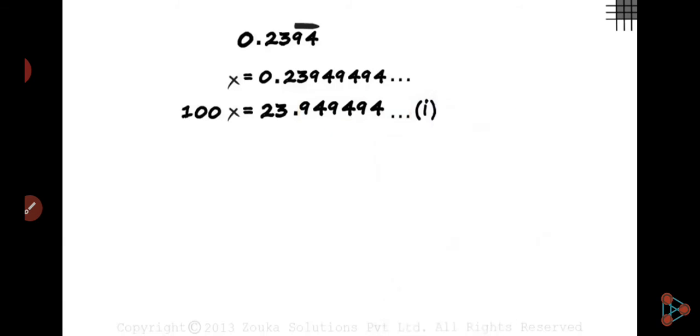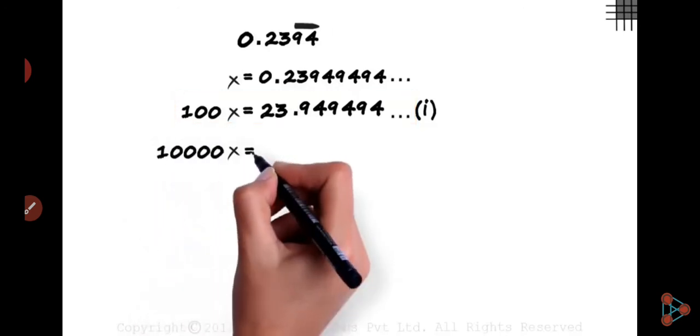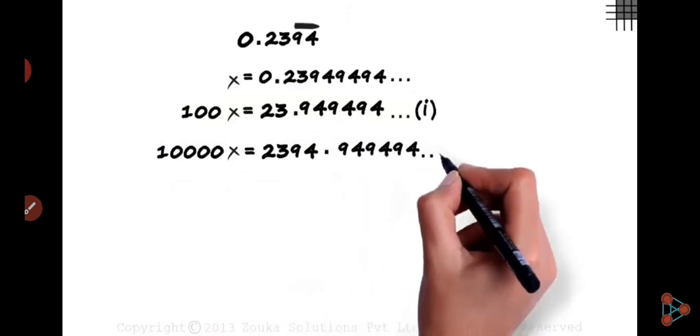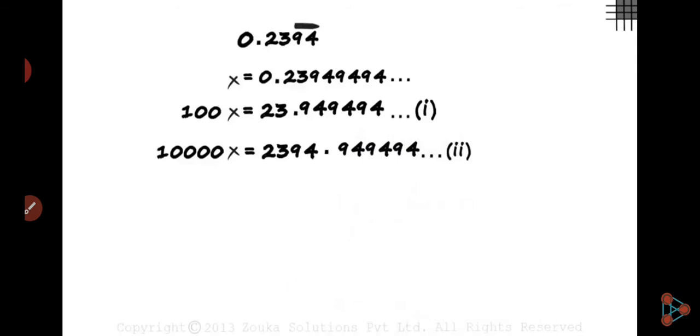Now, what we do is multiply by 2 more zeros, meaning 10,000 times this equation. So we get 10,000x = 2394.949494.